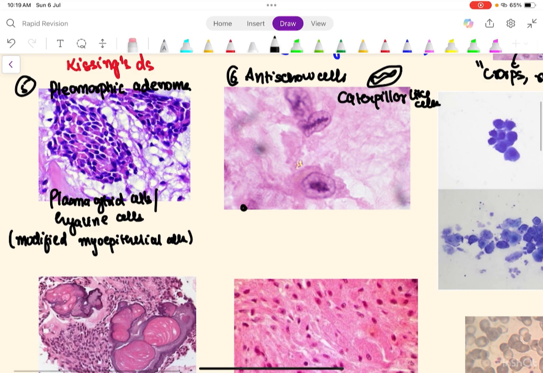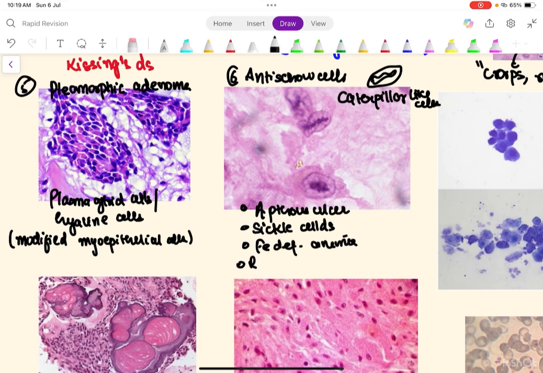First of all, you should remember the aphthous ulcer, then sickle cell disease, then iron deficiency anemia and rheumatic heart disease.